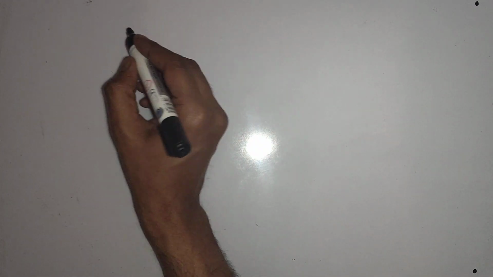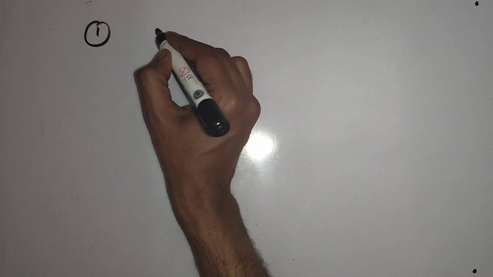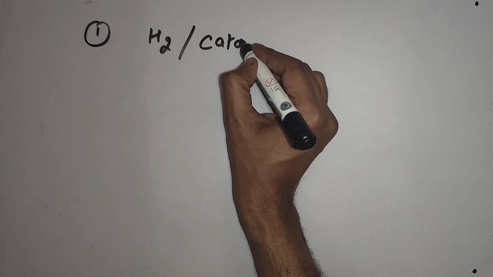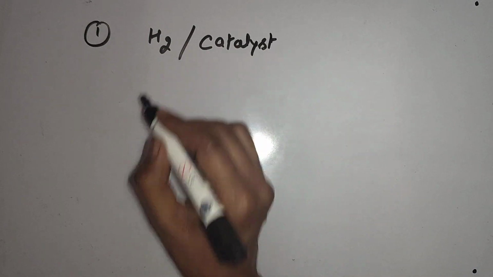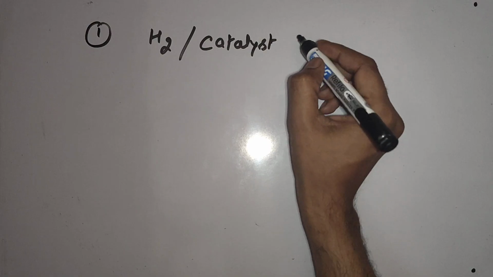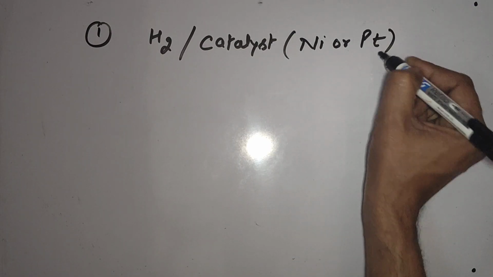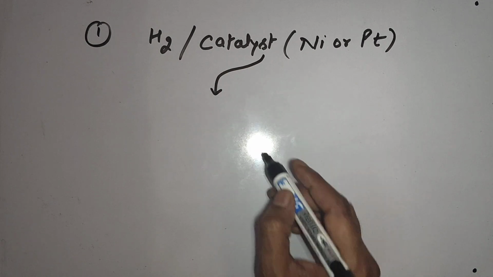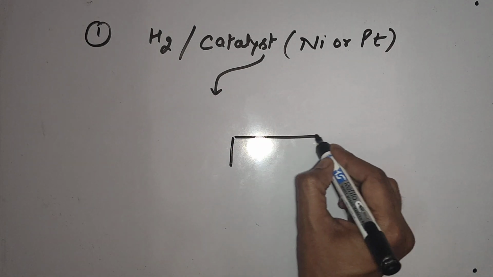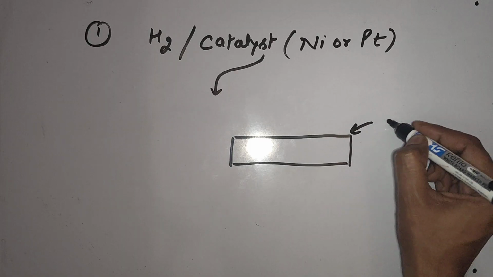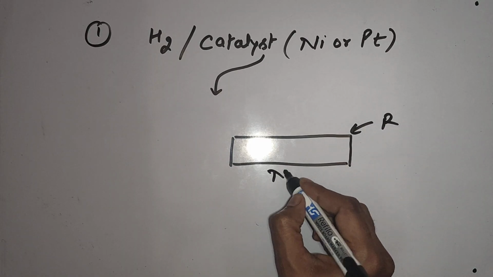But let's go for the mechanism, how reducing agents are working there. First, I am going to apply this reducing agent, hydrogen in the presence of a catalyst, like nickel metal or platinum. These metals have rough surface areas. Suppose I am using nickel.